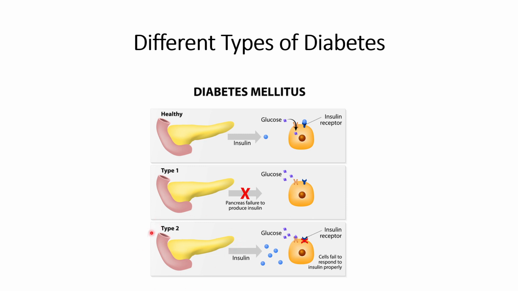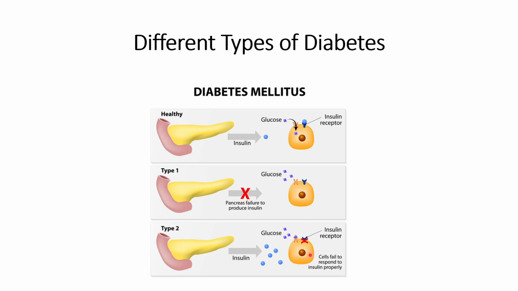The next one is type 2 diabetes. This type 2 diabetes basically occurs because of an unhealthy or inactive lifestyle.